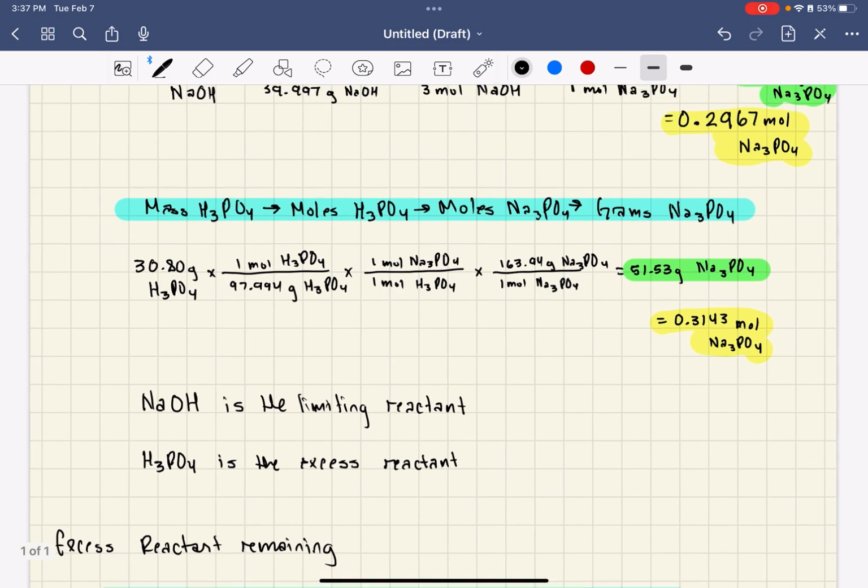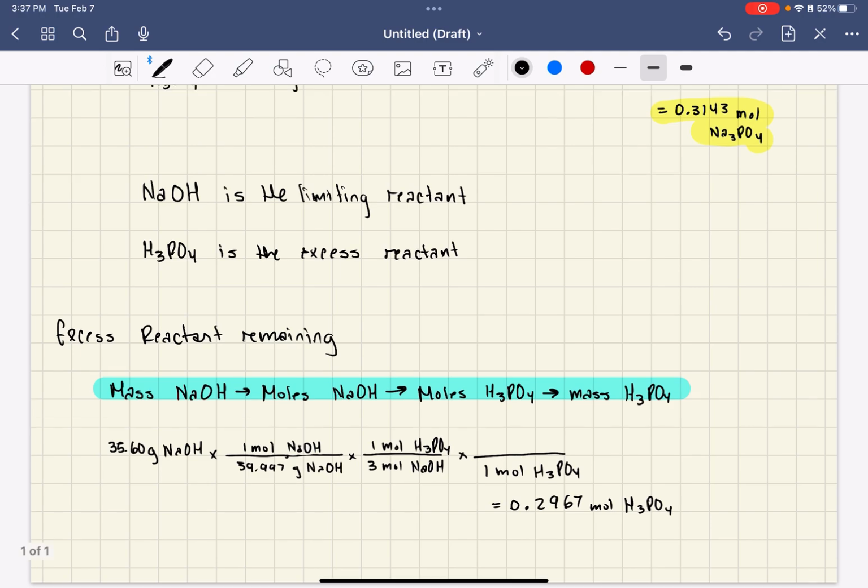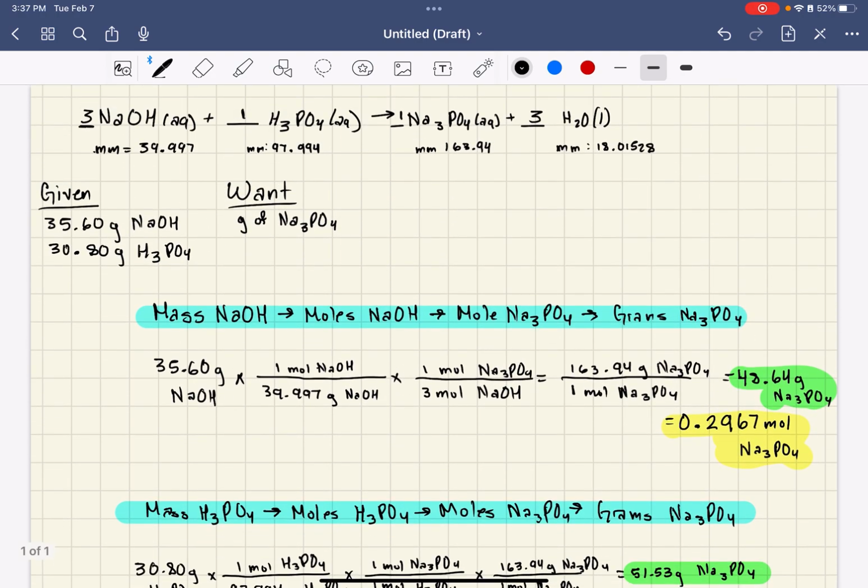Okay, and now we're going to find the grams. We go back to see what the molar mass of H3PO4 is.